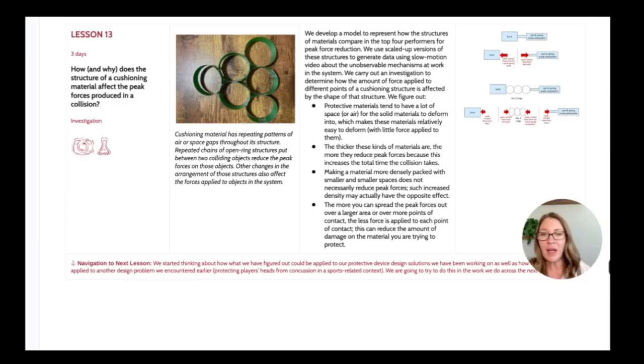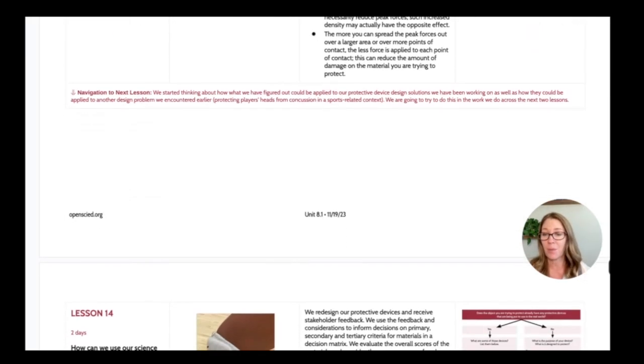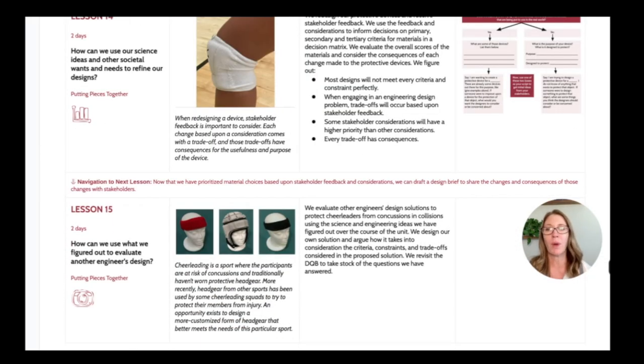And we watch a video and we talk about some of the unobservable mechanisms in these systems, that they very easily deform. And so they take some of that peak force and it helps it be a better material for protecting the devices.